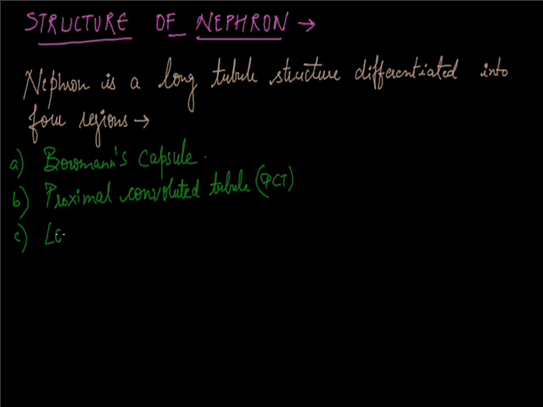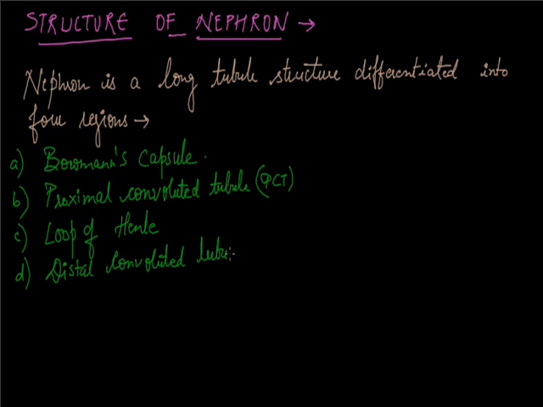Next is loop of Henle, then distal convoluted tubule called as DCT, which later opens into collecting ducts through collecting tubules.